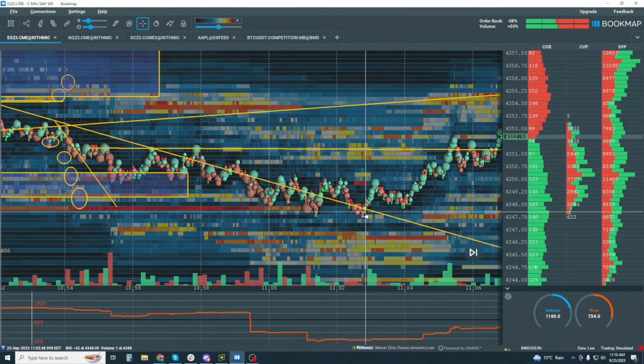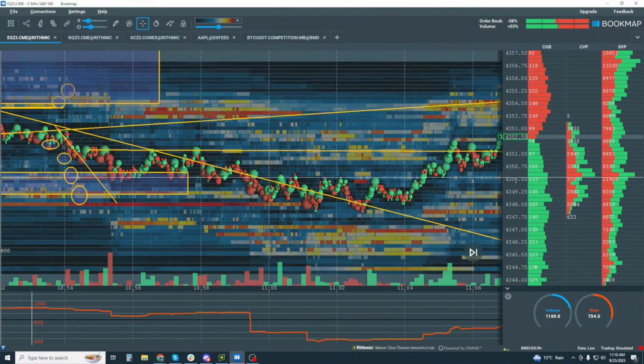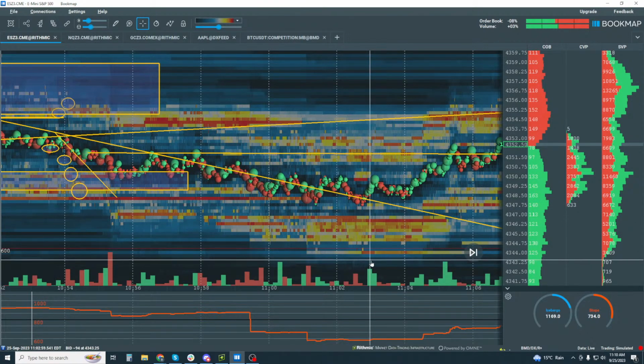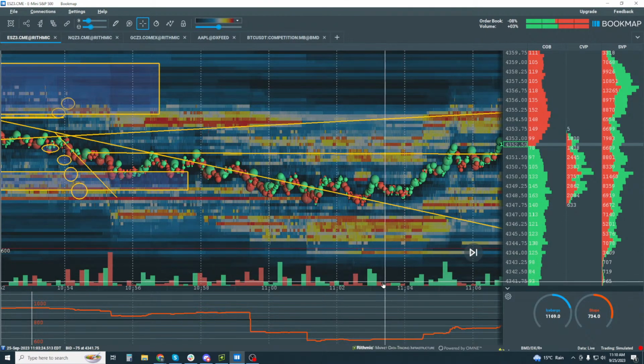And look at the shift in the change here. Okay, so sellers, and it's grinding right into 48, and then look at the shift in here. Buyers, where are the sellers? Where is this selling in here? Look at the bars, look at the dots, look at the colors, and look at the price movement.